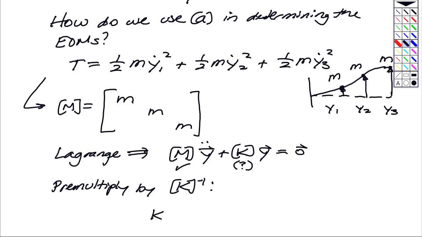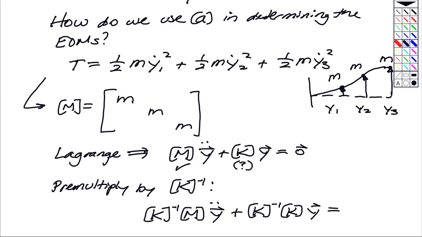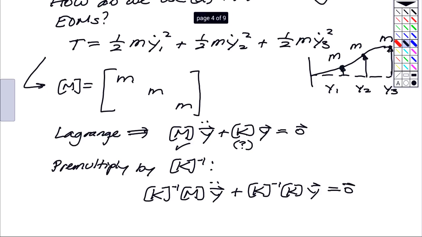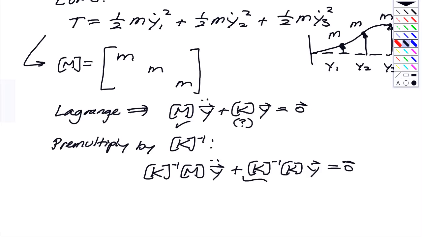So we have the inverse of k times m y double dot plus k inverse k y is 0. We know that any matrix, you take the inverse and multiply by the matrix itself, we end up with the identity matrix as such.